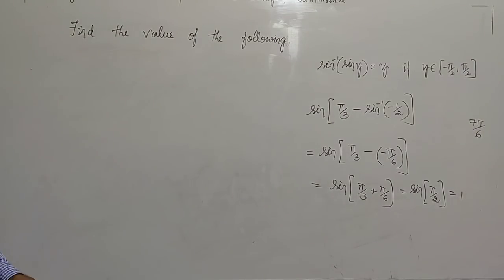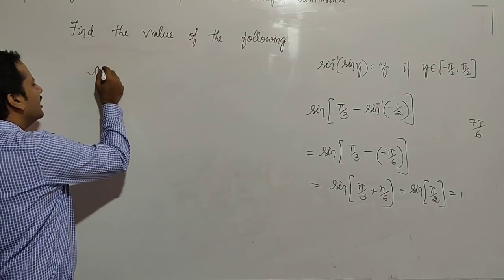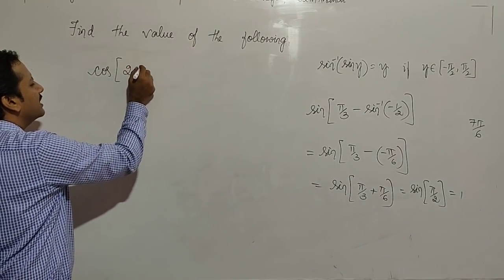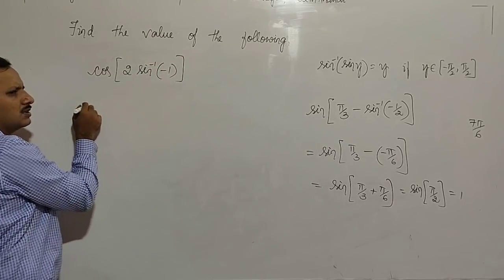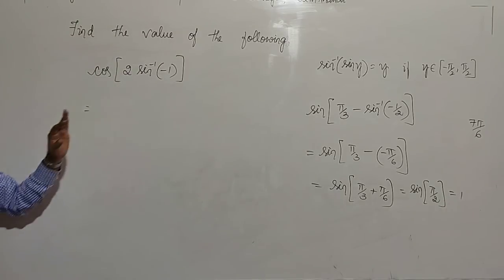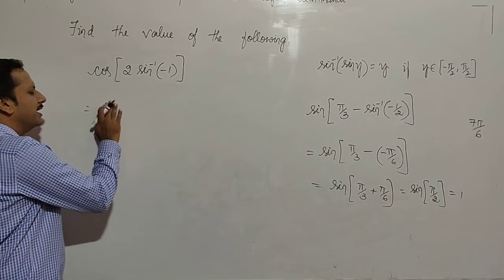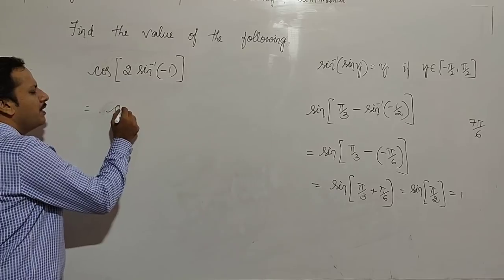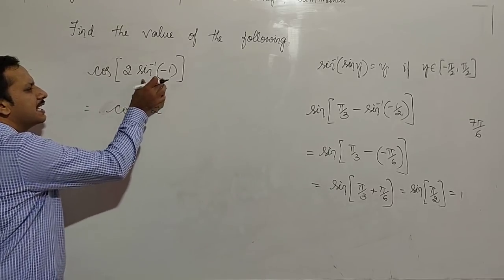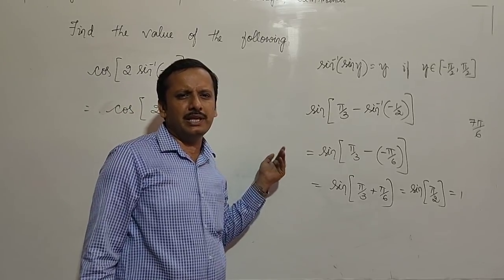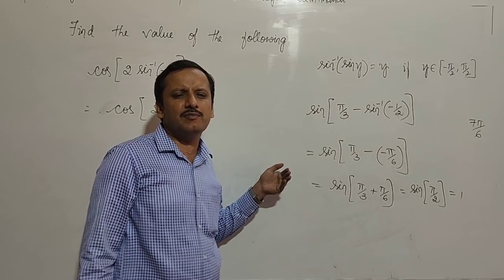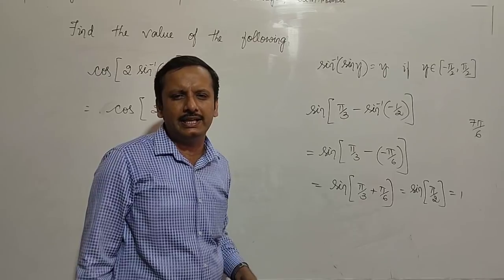Next question. Cos of 2 sin inverse of minus 1. First, we should find the value of sin inverse of minus 1. Sin inverse of minus 1 means I want to find the sin inverse of minus 1; let it be equal to theta.